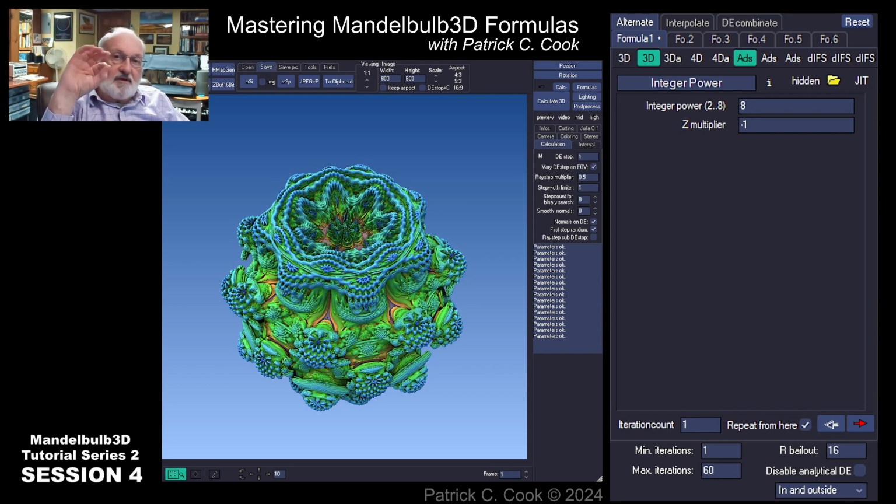When a formula is run or executed, the formula will repeat, up to a certain number of times. Those repeating cycles are called iterations. And it's actually pretty straightforward. It's actually kind of brilliant.